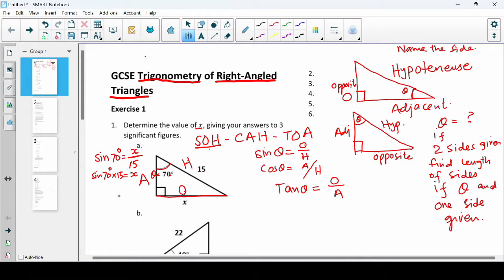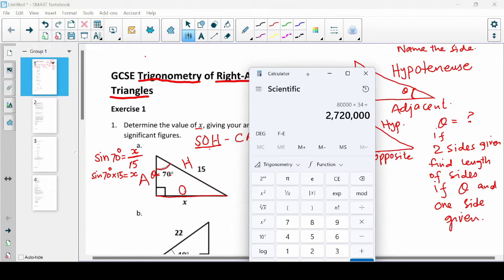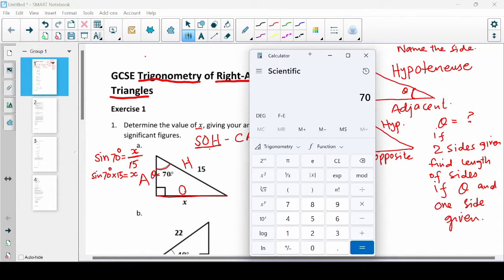So now we can use the calculator to find the value of sine 70. For the sine function, we first type 70, and then we use the trigonometric function of sine. This is the value of sine 70, and we multiply this with 15, and this gives us 14.09.